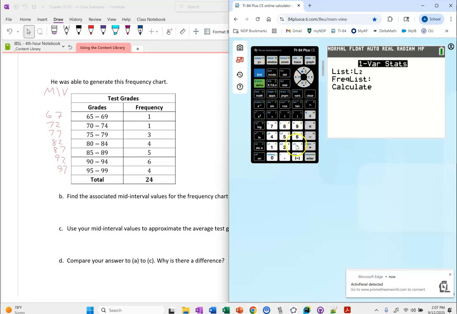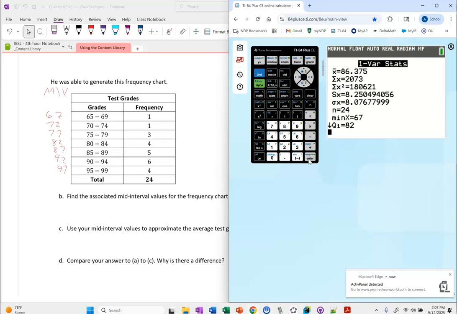I put those into L3. If I hit calculate, look at my mean, it's the exact same thing I got last time, right? That 86.4. So again, you could do it either way, doesn't matter to me, right?